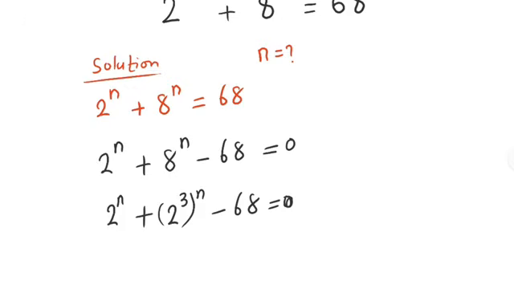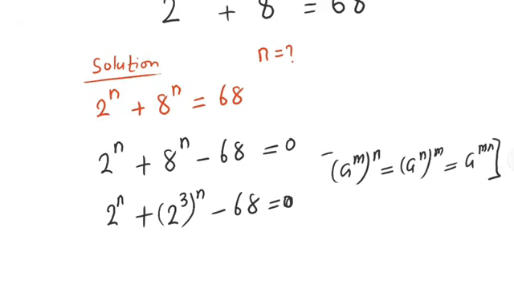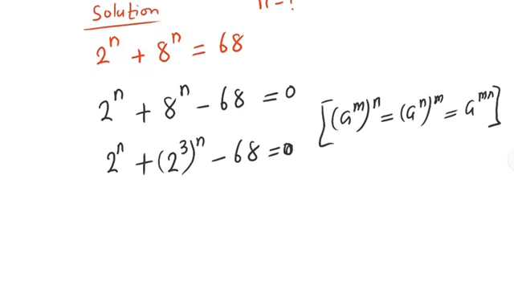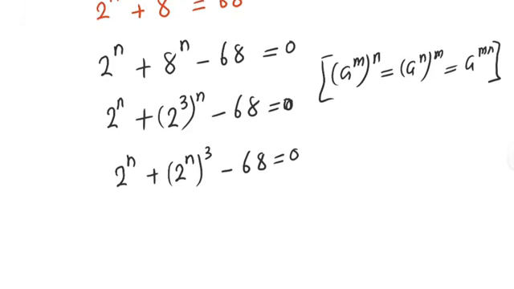Take note of this, that if you have a raised to power m to the power of n, it is equal to a raised to power n to the power of m, which is equal to a raised to power mn. This is 2 raised to power n plus 2 raised to power n to the power of 3 minus 68 is equal to 0.